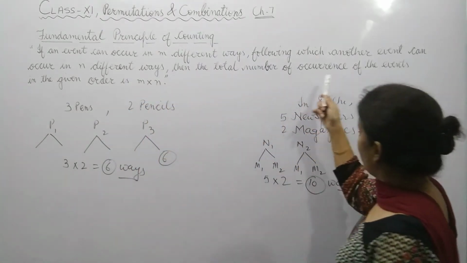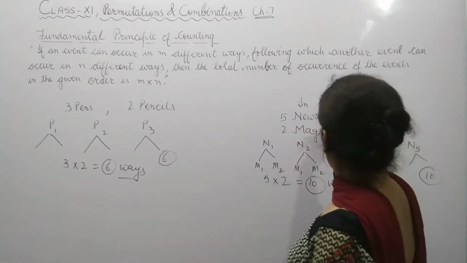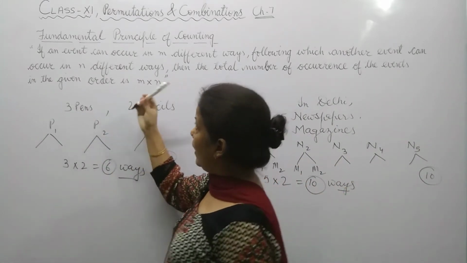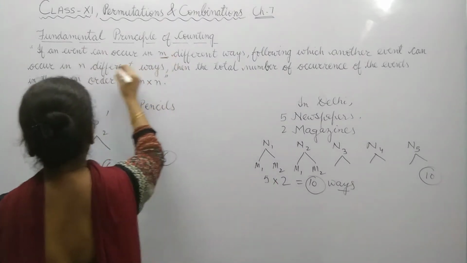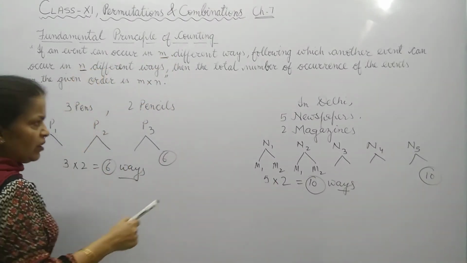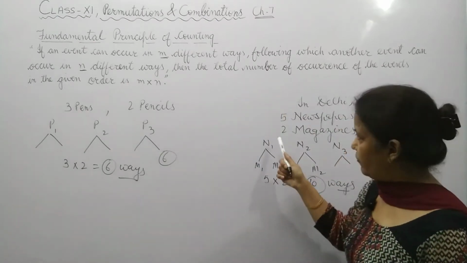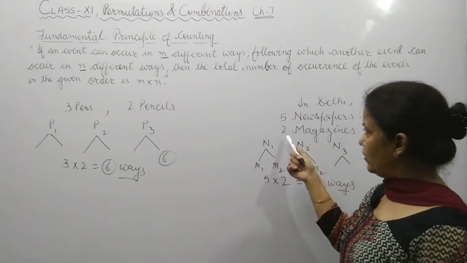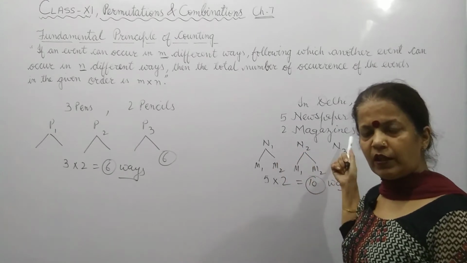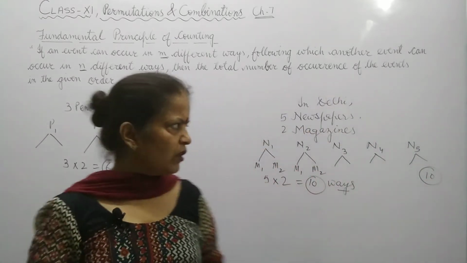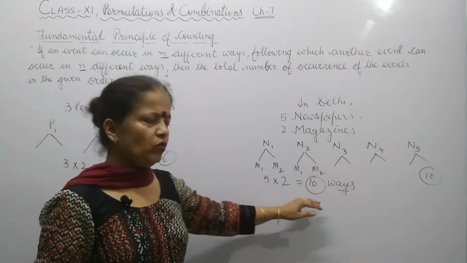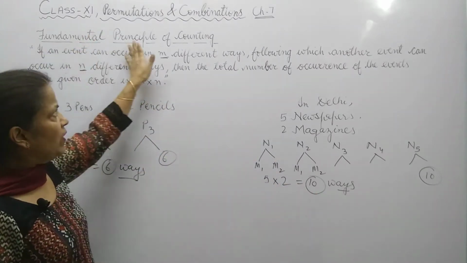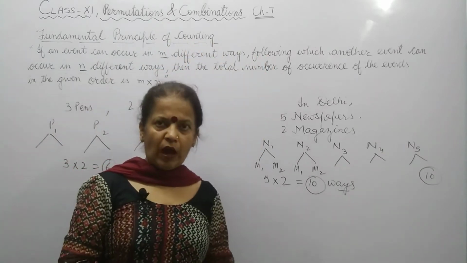Suppose the first event occurs in 3 different ways and the second in two different ways, so the total will be 3 into 2, or m multiplied by n. Same concept here: 5 different ways and another 2 different ways, so the total number of cases will be 5 into 2, that is 10. So this is called the fundamental principle of counting.